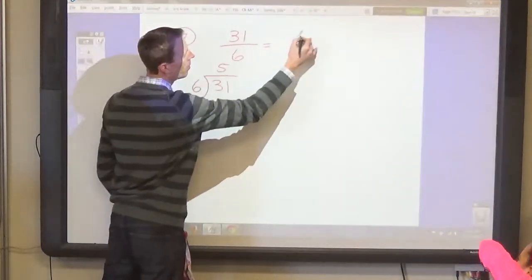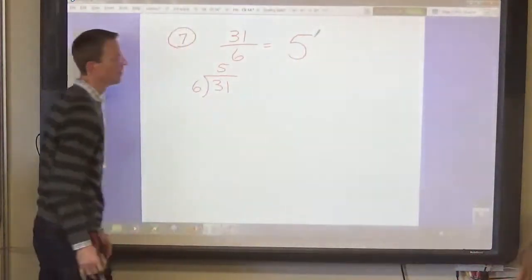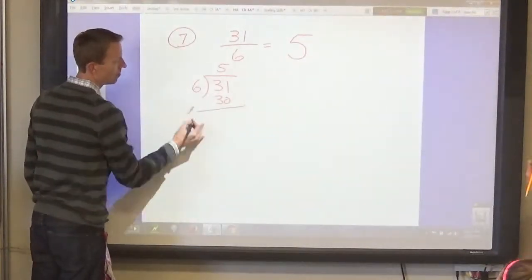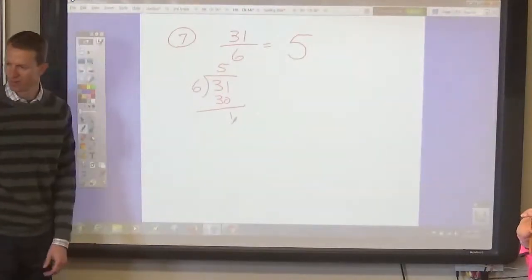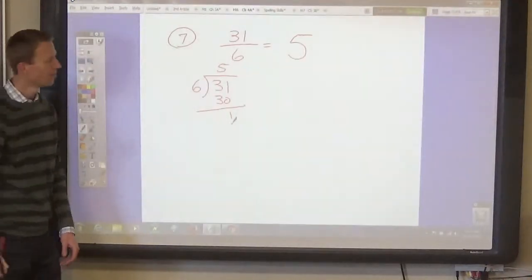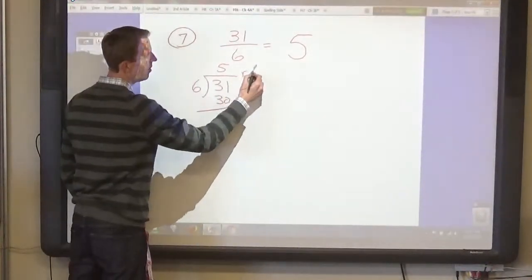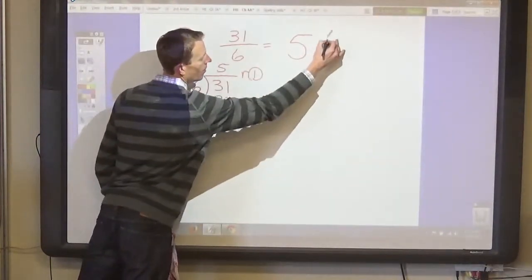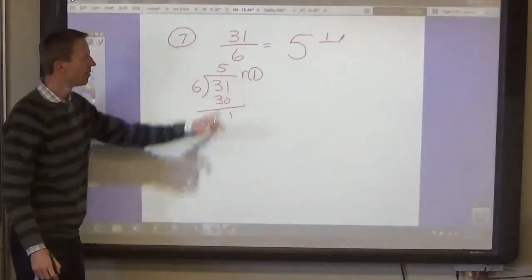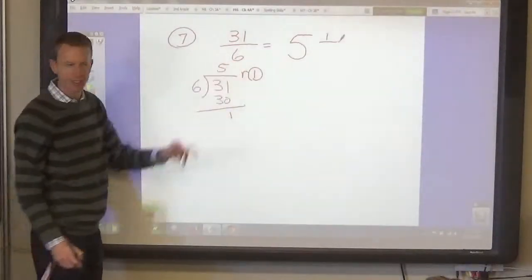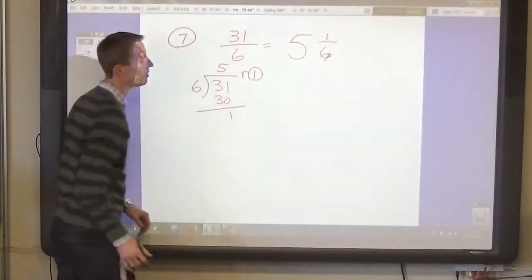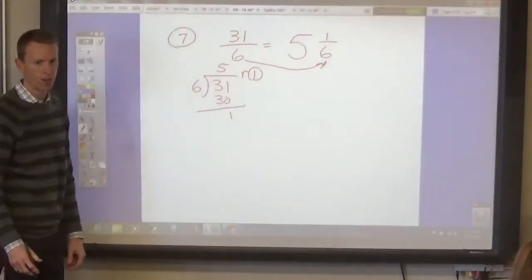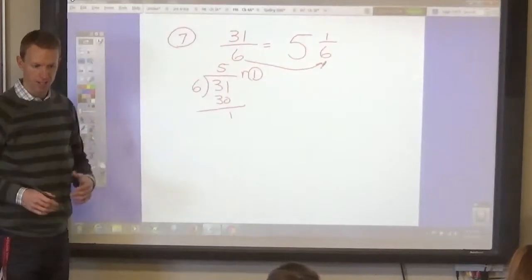So that's the whole number, 5. And now we need to find the remainder. Remainder 1. So it's 5 and 1 piece left over. And how big is it? It's in sixths. 5 and 1/6. Remember, the denominator stays the same when you're converting these.